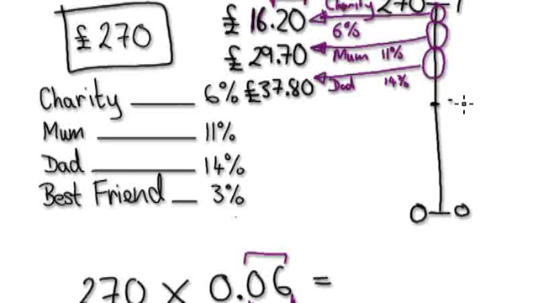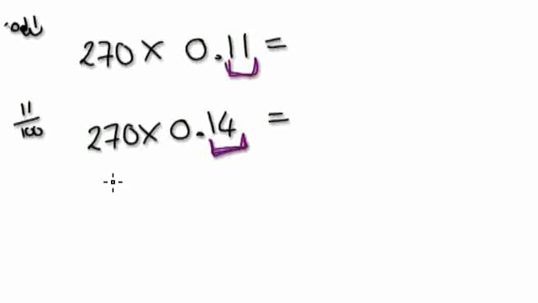So Dad would be getting that amount of money, and now best friend's 3%. 3% is going to be around here somewhere, a tiny amount. So this will be going to best friend. Best friend will only be getting 3%.